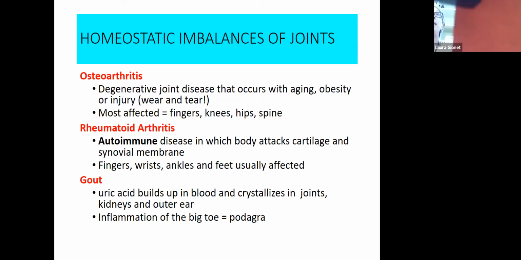But for whatever reason, your immune system becomes stimulated to seek out these particular cells and attack them and kill them, essentially. And so you don't have an appropriate amount of cartilage and synovial membranes being maintained. It's a very painful disorder. It's also a very disfiguring disorder of the joints.